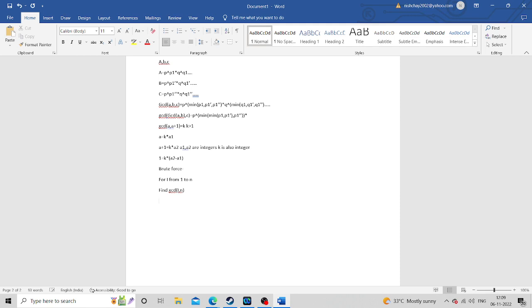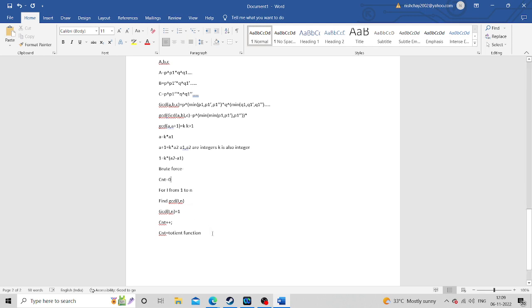If GCD is equal to 1, then you increment the count, and this count is equal to the totient function, right? You initialize the count to be equal to 0. This is a very brute force approach, right?